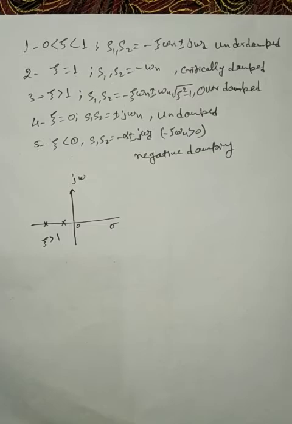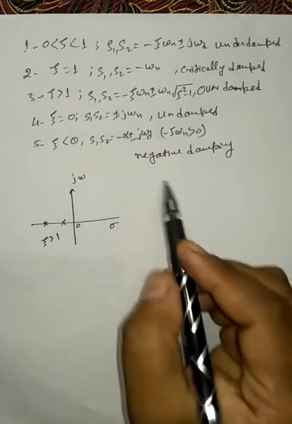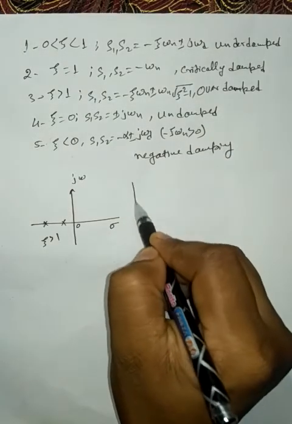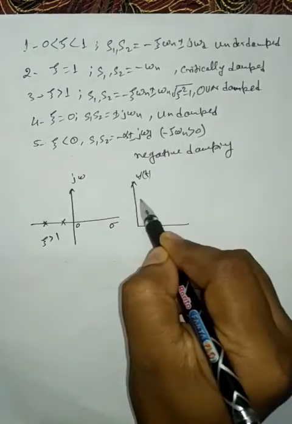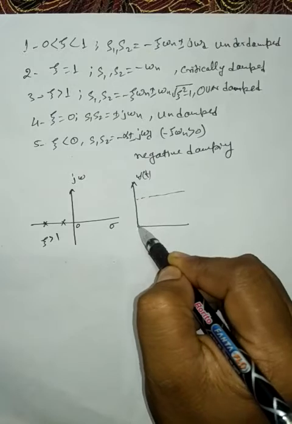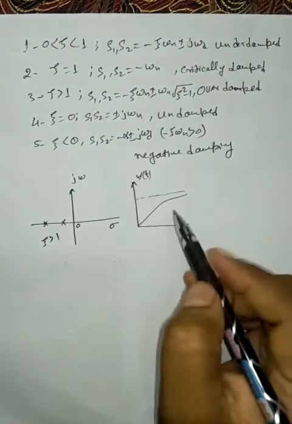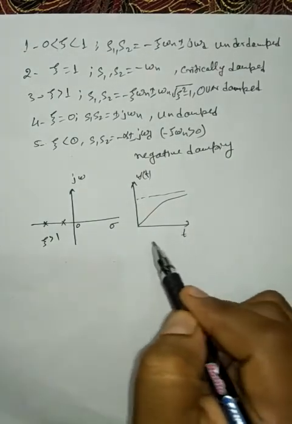So zeta greater than 1 is for over damped case. In that case, response y(t) will be like this, right?